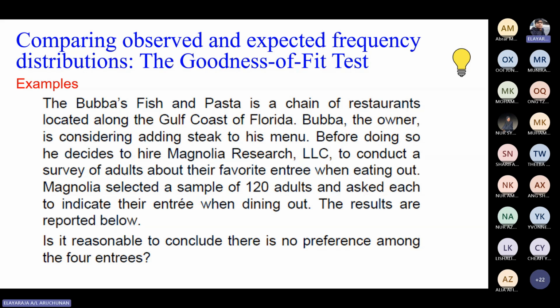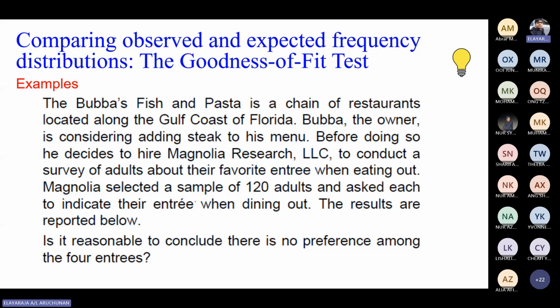Before doing so, he decided to hire Magnolia Research, an independent research center, to conduct a survey of adults about their favorite entrees when eating out.